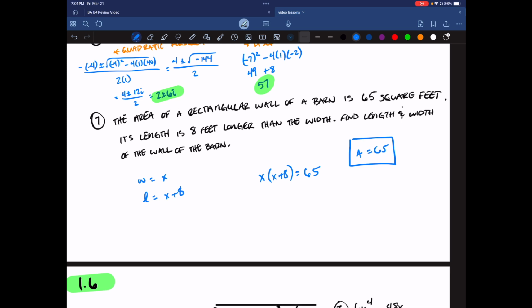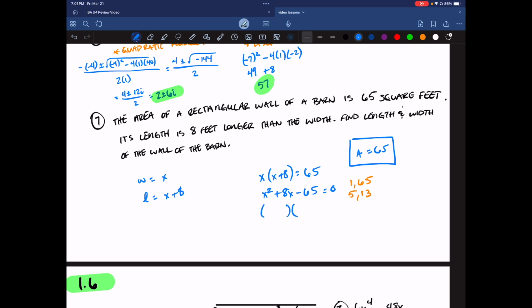Now I'm going to multiply all this out, get everything to the same side, and figure out what my length and width are. So this is going to be x squared plus 8x minus 65 equals 0. Before I really get into this, 1 and 65, I know 5 and 13 are my factors. There could be more, I don't know off the top of my head, but I know this is going to be enough for us.